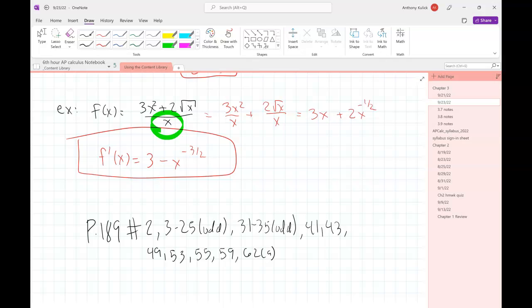The other thing I wanted to remind you is that we're going to split chapter 3 into 2 parts. We're going to do the first 6 sections and then do a test, and do the last 4 sections and do a test. The first 3 sections are largely symbol pushing, and then the last 4 sections are application, where we'll be using these tools on real world situations.